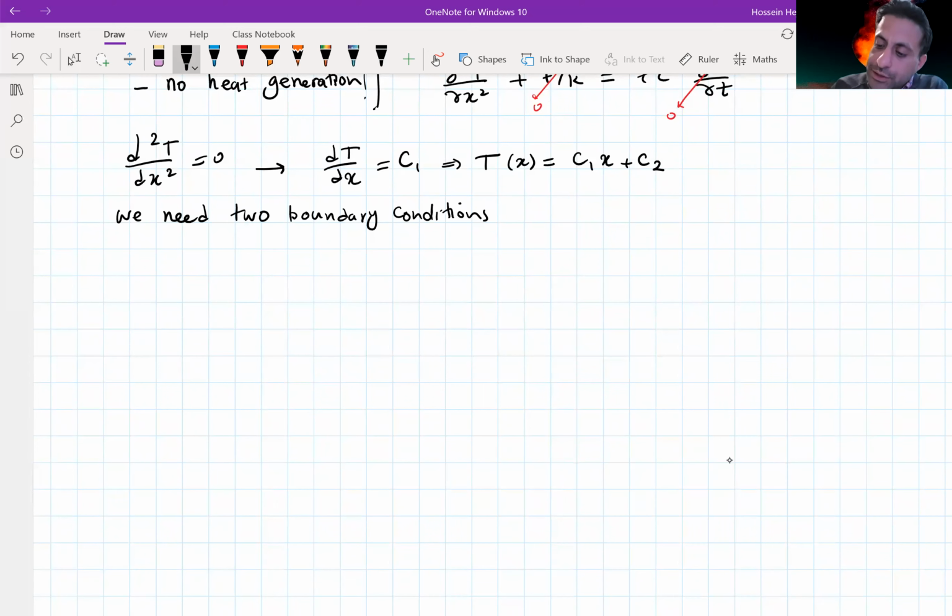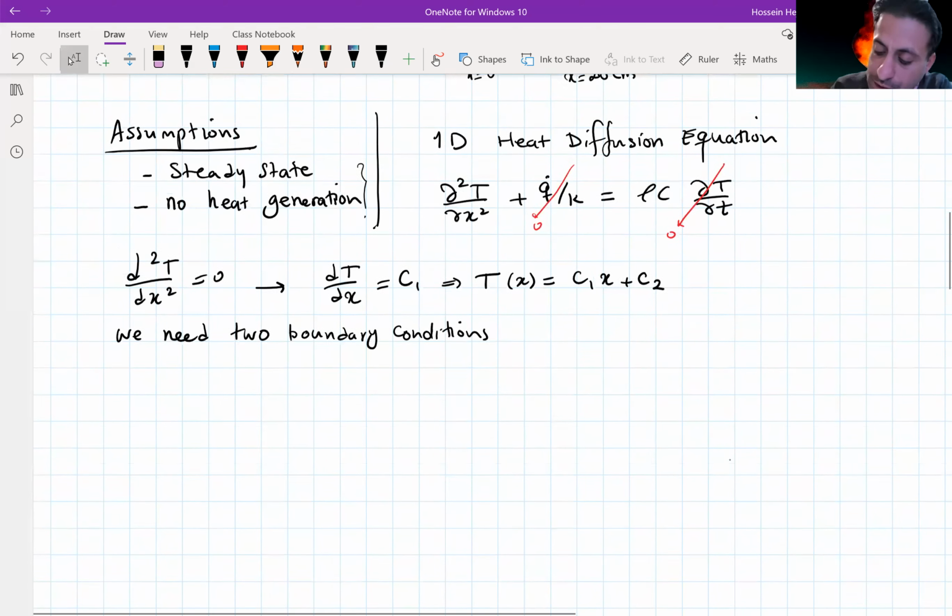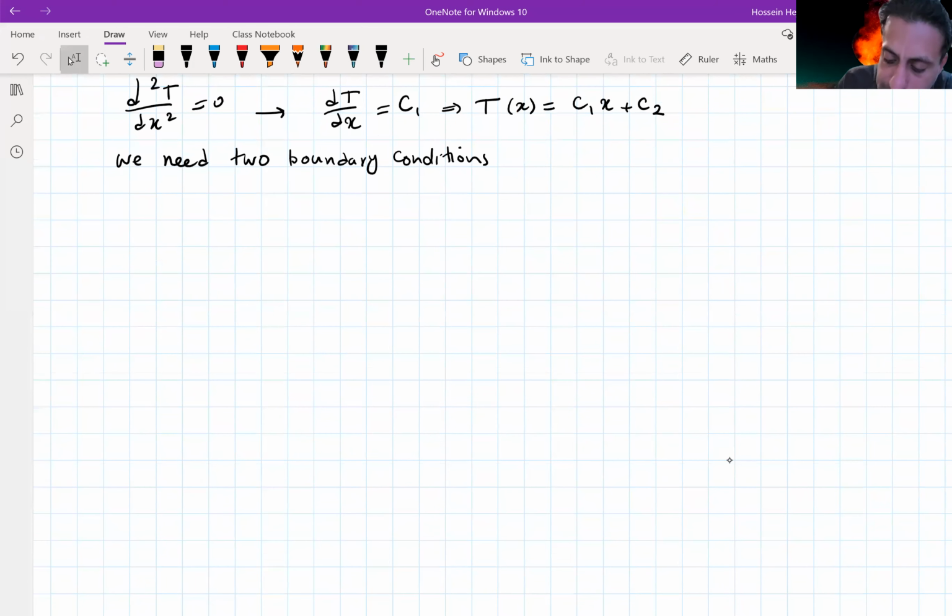Now, for boundary conditions from the problem, we have two constant temperatures at both sides of the wall, at two x locations, 0 and 20 centimeters. So these are going to be our boundary conditions. We know that T is equal to 100 degrees C at x equal to 0.